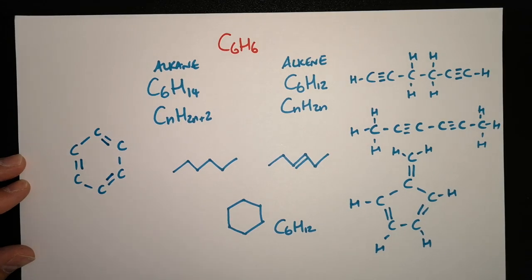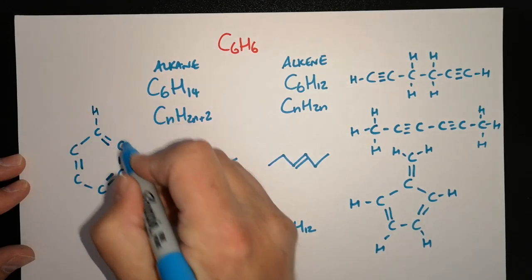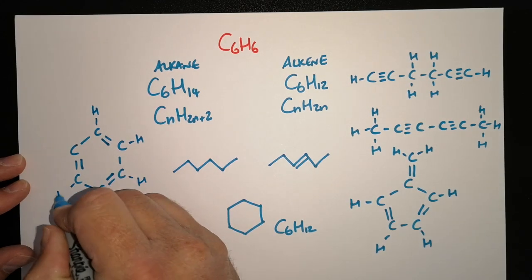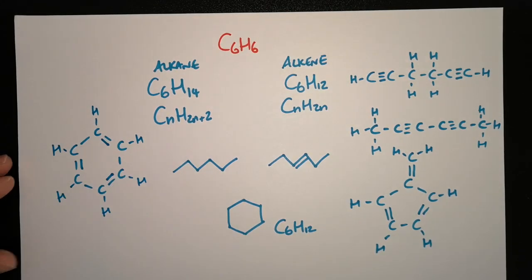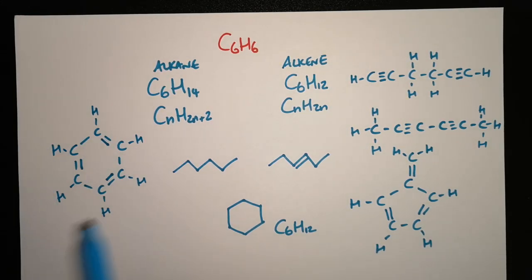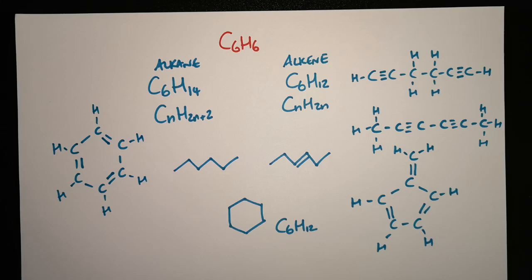So when I add my hydrogens in, there are 6 hydrogens. Now this one is the closest representation to what benzene actually is. Well done for getting any of those. But that's actually not how we would draw benzene in the A level.